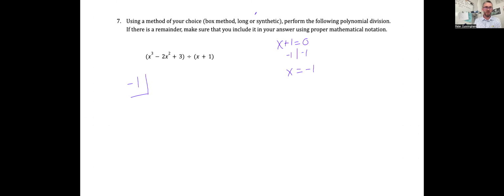X to the third power, the coefficient there is a 1. The second power is -2. This is like saying I have x to the third power minus 2x squared plus 0x. Now, we would never write that normally, but when we're dividing, we need to keep in mind that that term, the 0 term, is there. So we need to actually put the 0 term up there.